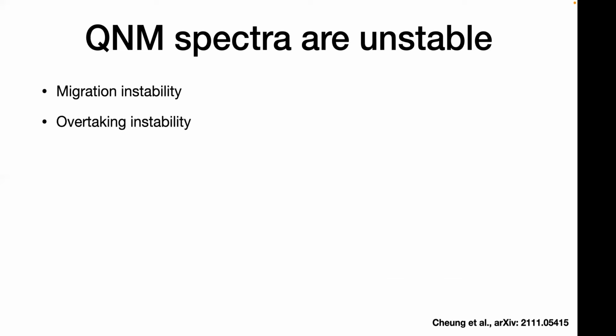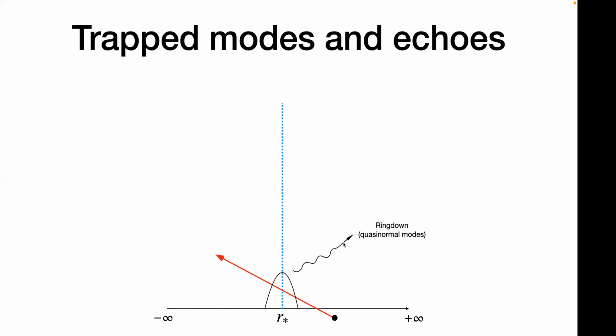The second type of instability is called overtaking instability. To understand this type, let's imagine a black hole mimicker with the perturbation from the inside. As a small particle falls into a black hole and hits the peak of the potential, it generates the ringdown signal.